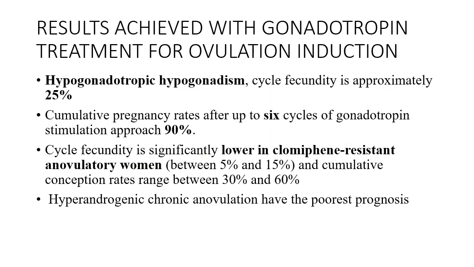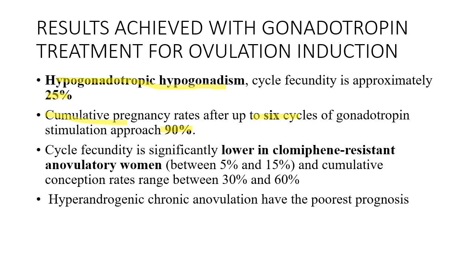Let's discuss the results of gonadotropin treatment. In case of hypogonadotropic hypogonadism, if we induce ovulation using gonadotropins, then the fecundity rate is around 25%, and the cumulative pregnancy rate after 6 cycles approaches around 90%.